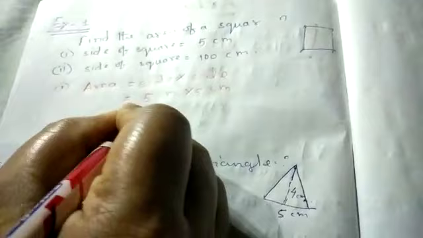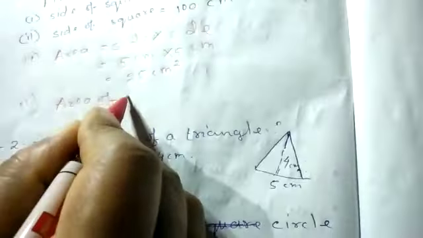For example, find the area of a square whose side is 5 centimeter. So area equals side into side, that equals 5 centimeter into 5 centimeter, that equals 25 centimeter square. So the area of the square is 25 centimeter square. Example 2: the side is given as 100 centimeter.